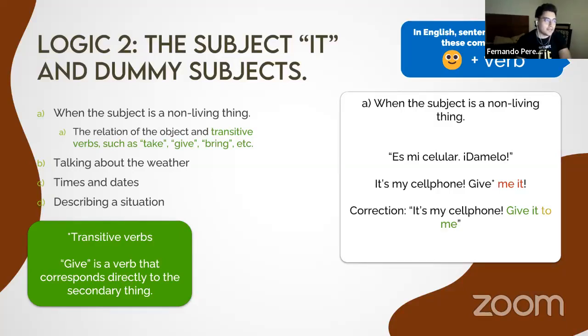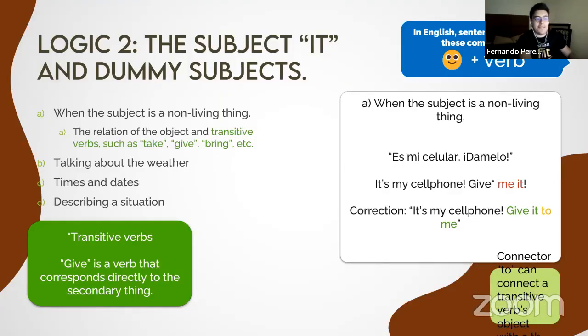That's another thing: the connector to can connect a transitive verb's object with a third person. And that's another difference between Spanish and English.